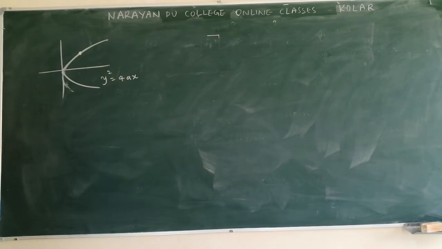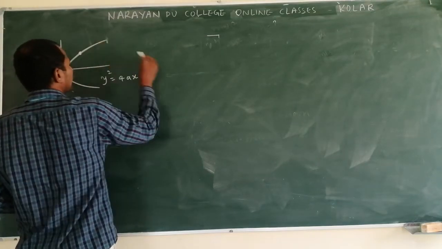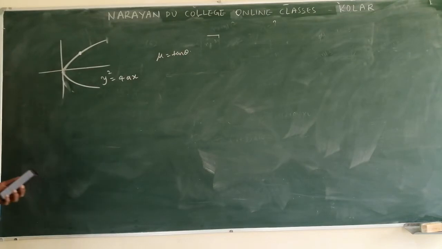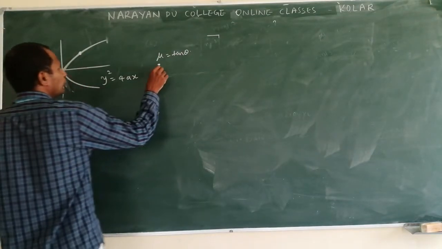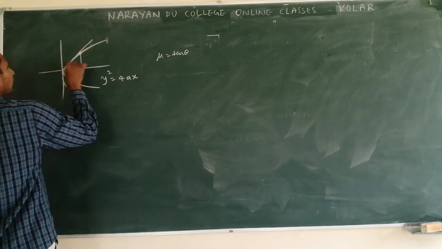The condition they are asking, right? Clear? Now, we know that mu is equal to tan theta, right? From this tan theta, how do we write? If we take the slope here, this is theta, right?